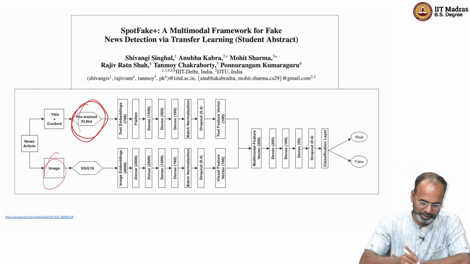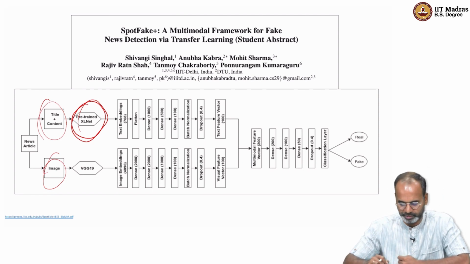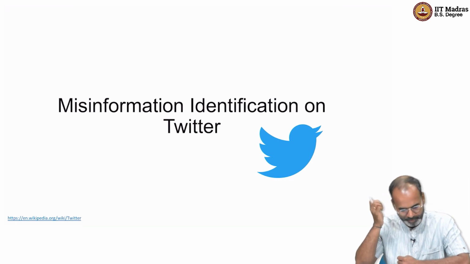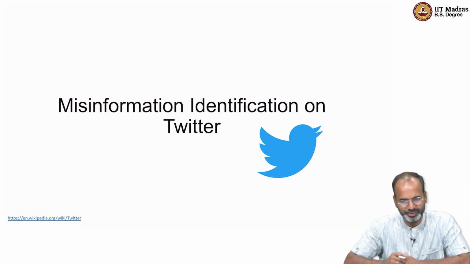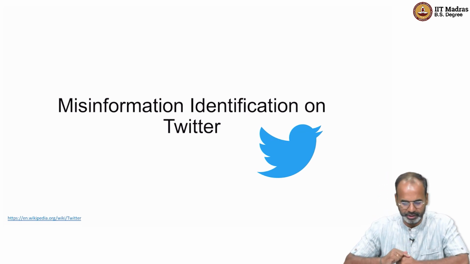Right? Again, images, text, very similar methods were used, but here we were able to generate better results. So that is what generally fake news detection methods are: text, image. Of course, you can embed network, all of that. But for now, let's understand only the text and the image part.